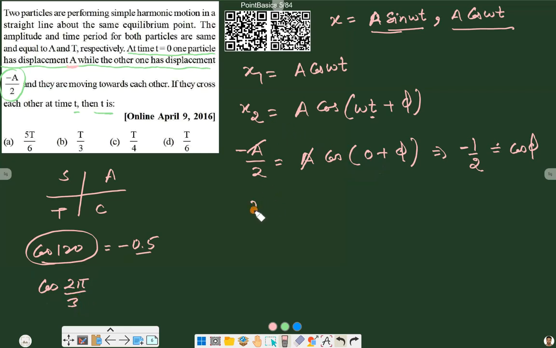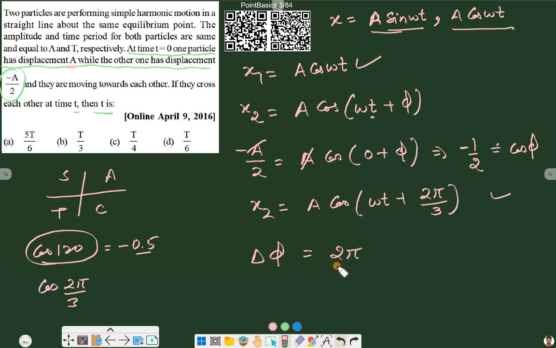So the second equation will become x2 equals a cos(omega t plus 2 pi by 3), where the value of phi is 2 pi by 3. Now we have the equation of the first and the equation of the second, and the phase difference delta phi between both of them is 2 pi by 3. We have angular velocity omega, and as mentioned they are moving towards each other.